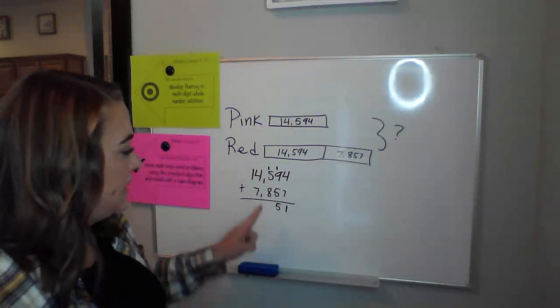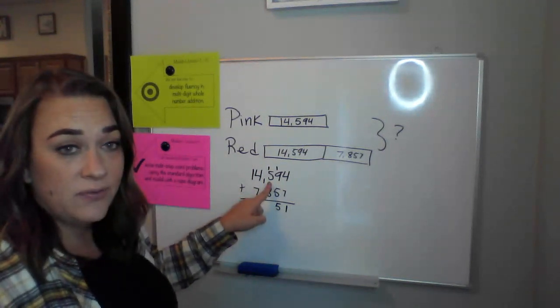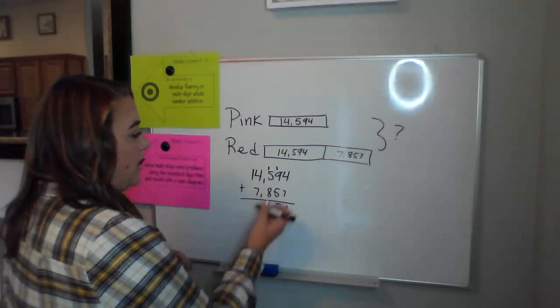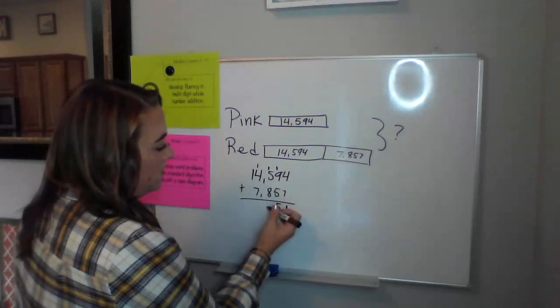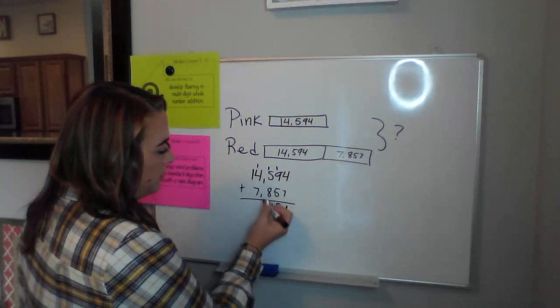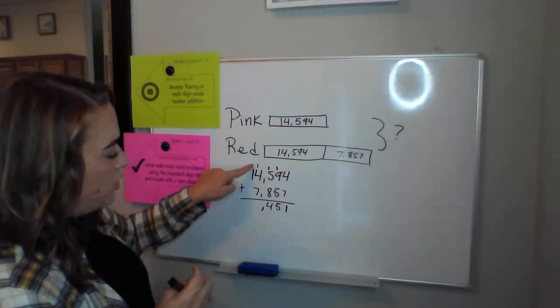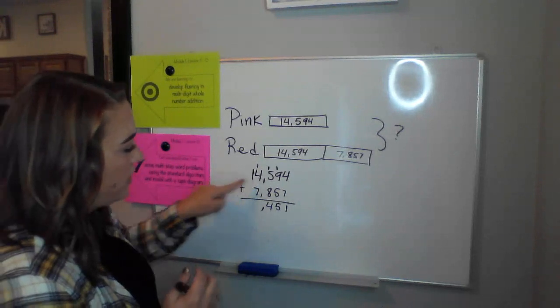That's what I do. So I'm going to say 8, 9 plus 5. That's going to leave me with 14. So 14, I can bundle 10 and make one more here, which is going to leave me with 4. Bring my comma down. 7 plus 1 more gives me 8. Plus 4 more gives me 12.